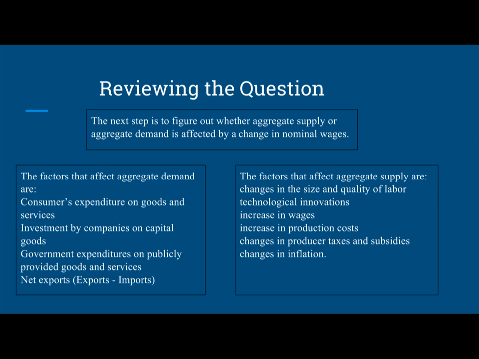Now the factors that affect aggregate supply are changes in the size and quality of labor, technological innovations, increase or decrease in wages, an increase or decrease in production cost, changes in the producer taxes and subsidies, and changes in inflation.